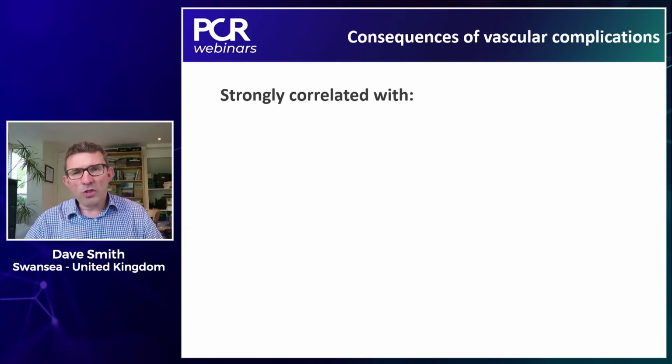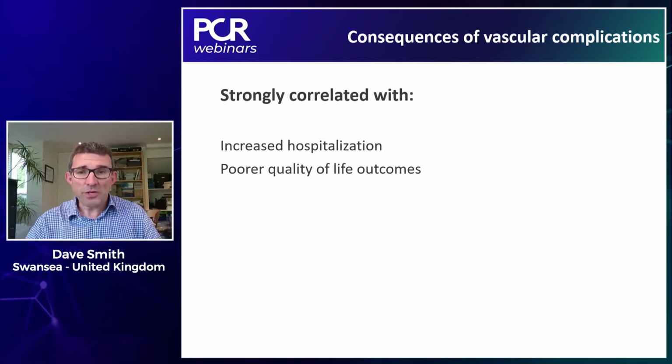So what are the consequences of vascular complications and why should we be seeking to reduce them wherever possible? Well, we've known for a long while that vascular complications lead to patients staying in hospital for longer. They have poorer quality of life outcomes for patients who suffer vascular complications.